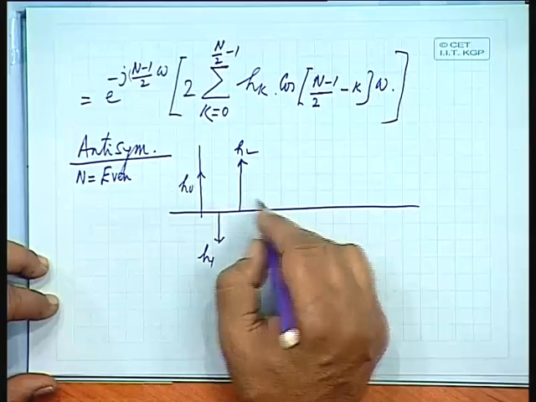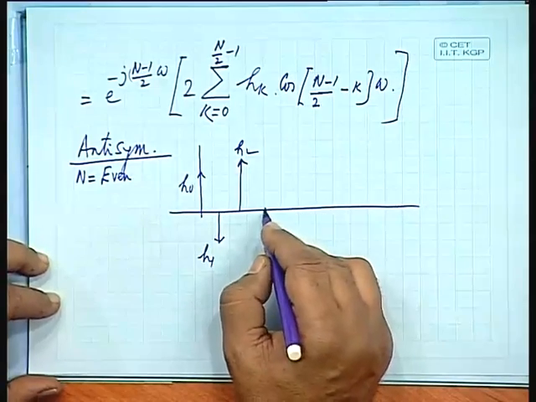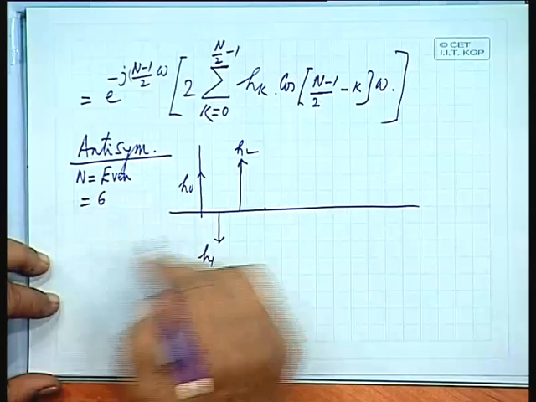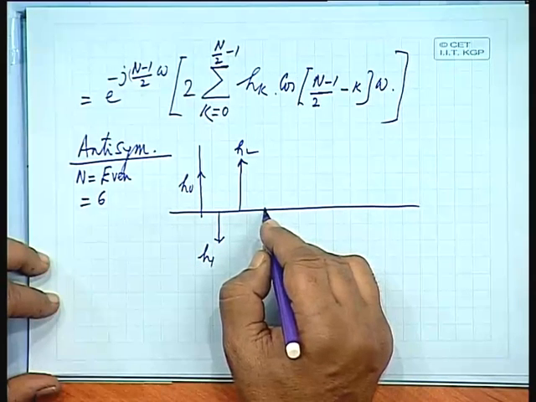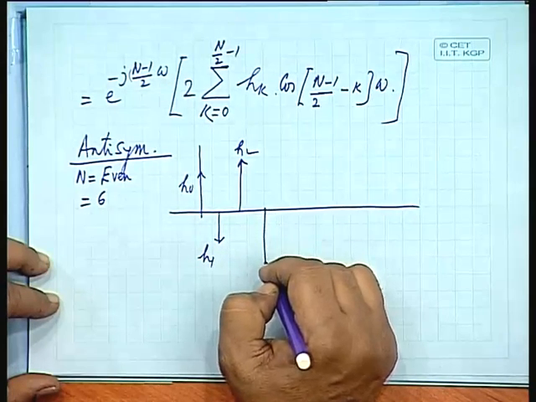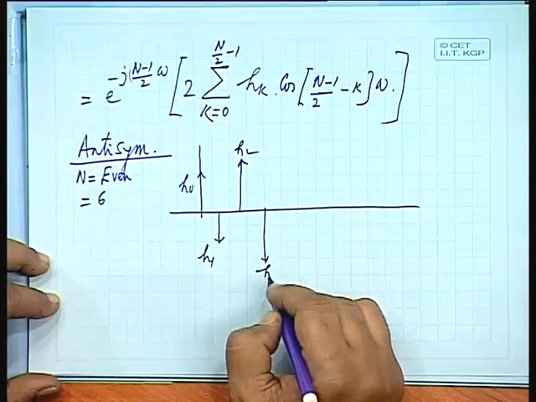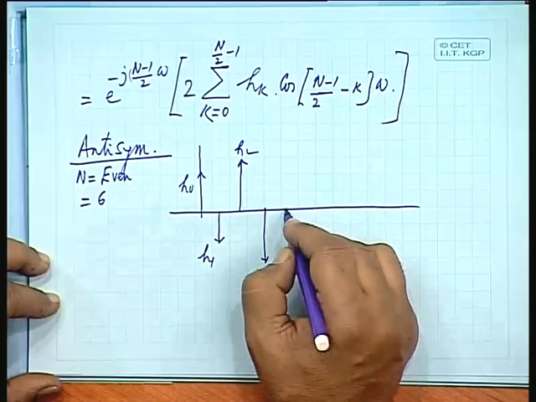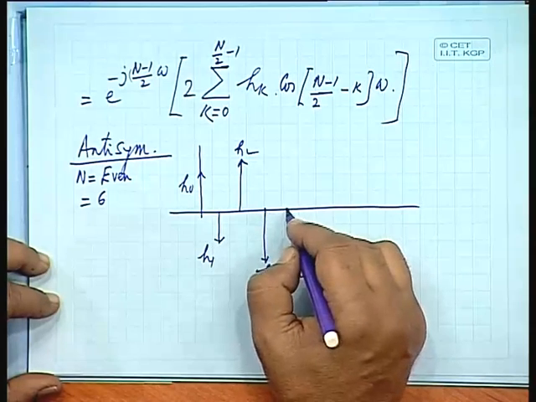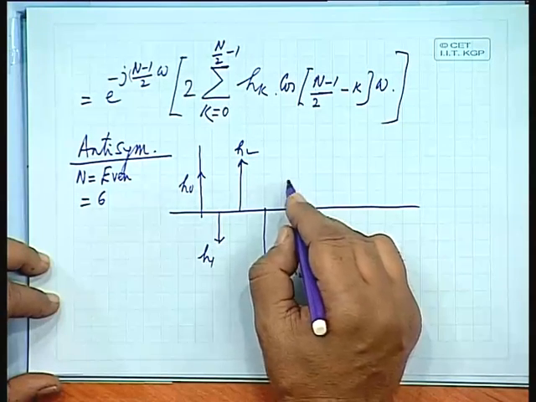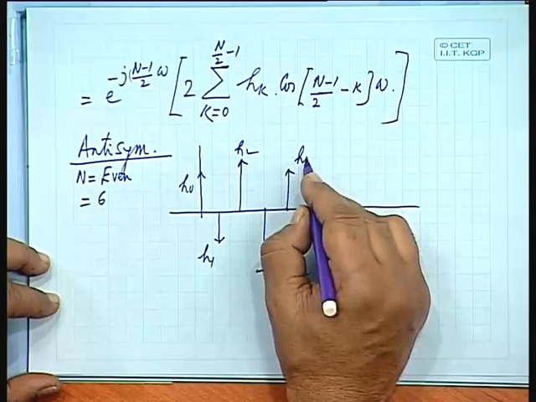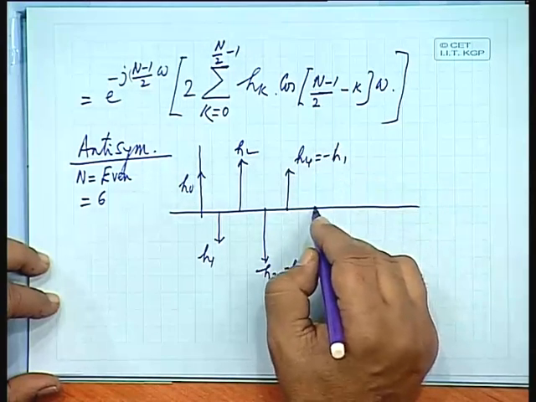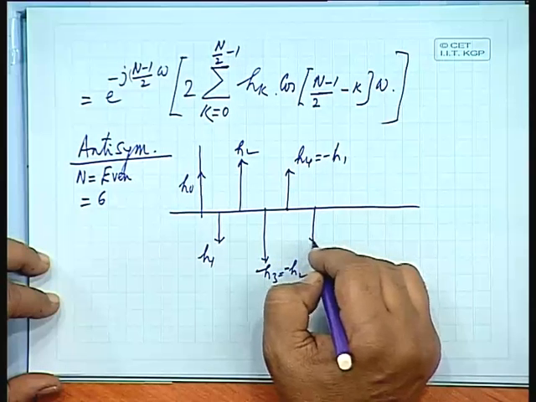Let me take only 3 points on this side, 3 points on that side, say 6. Then we have H2, H3 is minus H2, then H4 is minus of H1, and H5 is minus of H0.